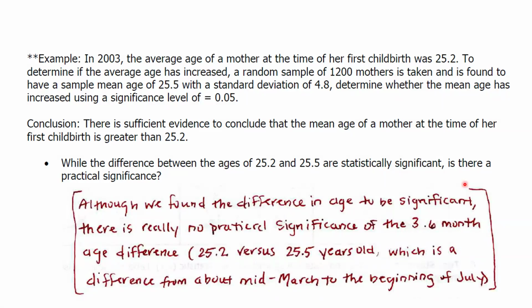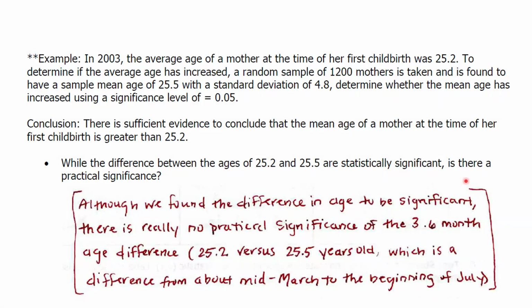So yes, statistically, the average age increased, but practically speaking, a 3.6 months difference is negligible. So why did this happen? Again, in this problem, a very large sample, so we have 1,200 mothers, gave us the power to detect this small difference. But just because we can detect it doesn't mean that it matters.